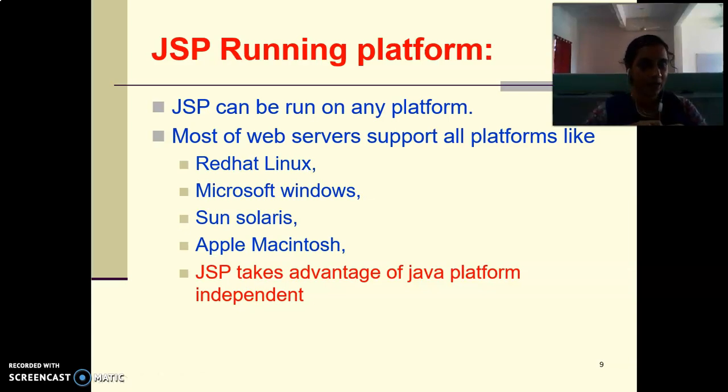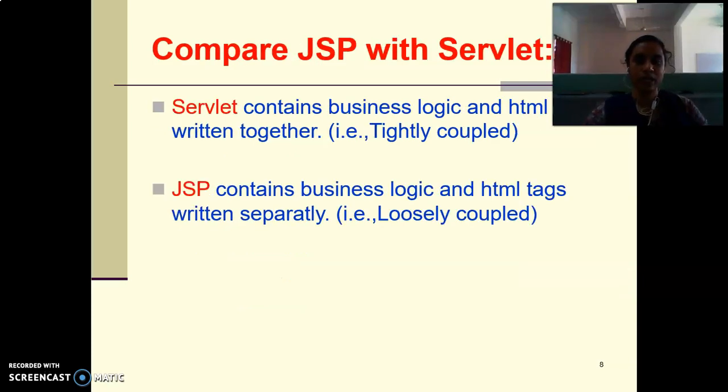Because Java is platform independent, it is highly suitable for web applications, because all these web applications are launched through browsers, and almost all the browsers support all the operating systems, and there is no platform dependency on any of these websites. So if you compare JSP with servlet, the servlet contains the business logic and HTML tags which are both written together.